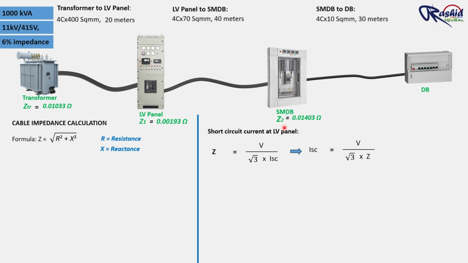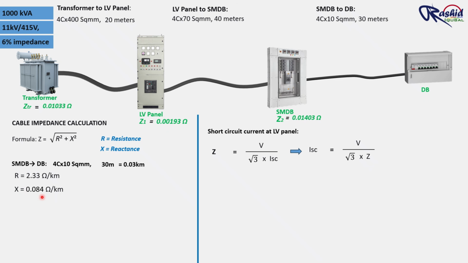Finally, we move from SMDB to DB, final distribution board. The cable here is 4 core 10 square mm copper cable and its length is 30 meter long. After converting into kilometer, it becomes 0.03 kilometer. The cable resistance from catalogue, we get 2.33 ohm per kilometer and the reactance is 0.084 ohm per kilometer.